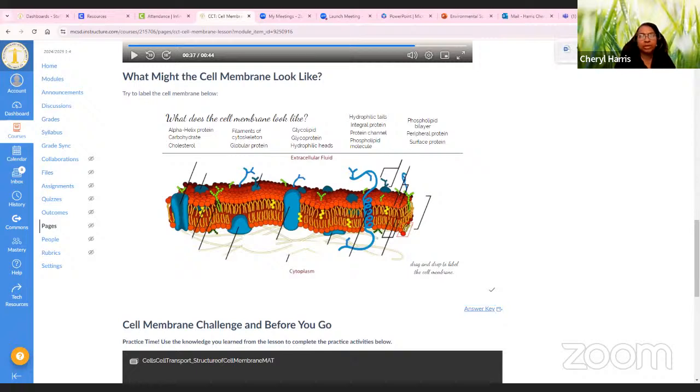So download the answer key. Yes, download the answer key. And it's not showing on your screen, so I'm going to have to stop sharing and come back and share in a minute. But you download the answer key, you should get a Word document. That doesn't exactly help, because it's not labeled.